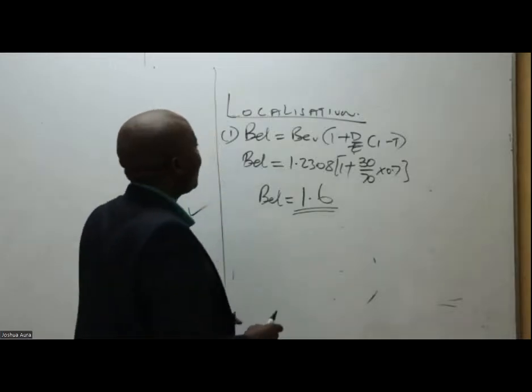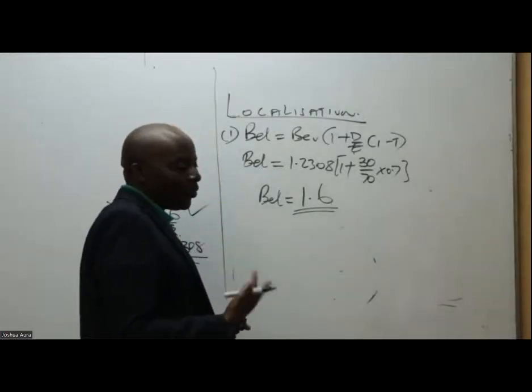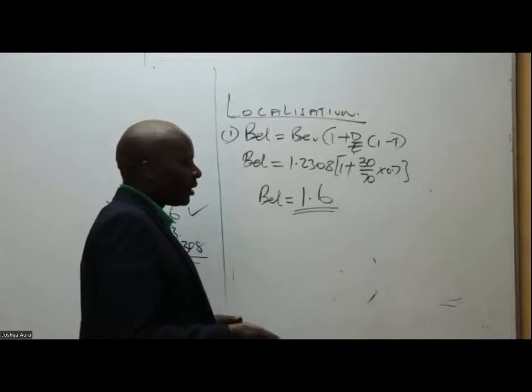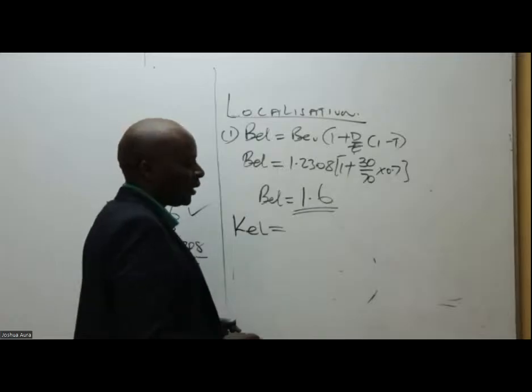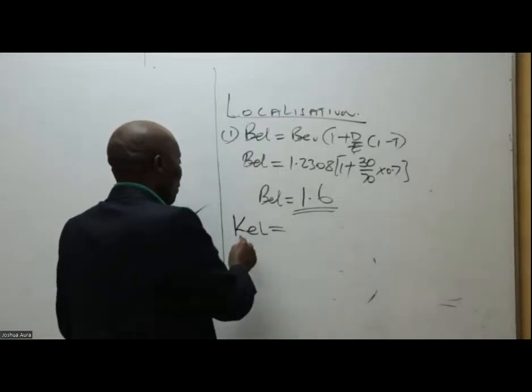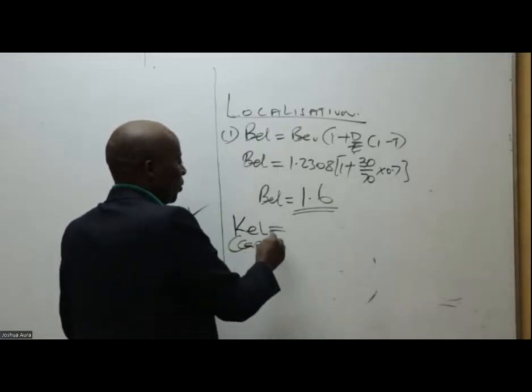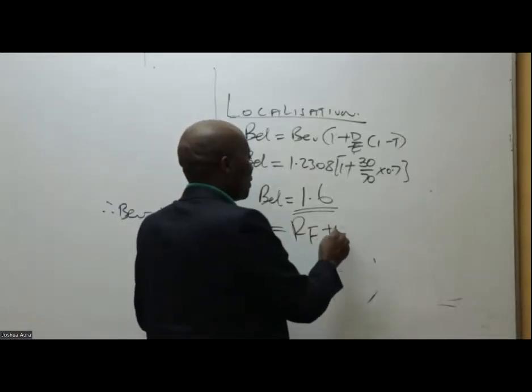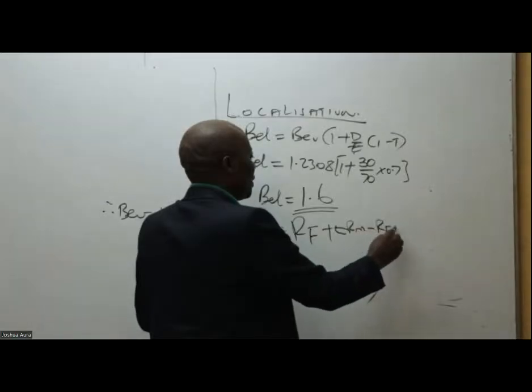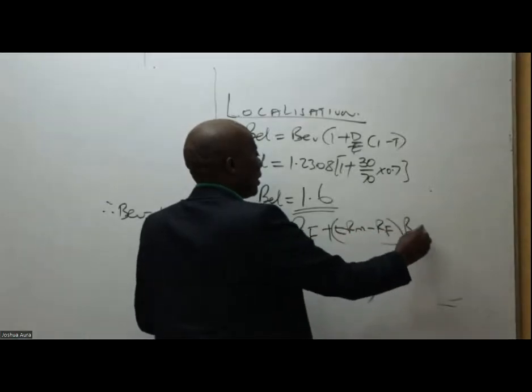So after localization, still on Roman 1, the next thing should be the cost of equity. For that we are using CAPM. CAPM is risk-free plus expected return of the market minus risk-free multiplied by the BEL we have just obtained.